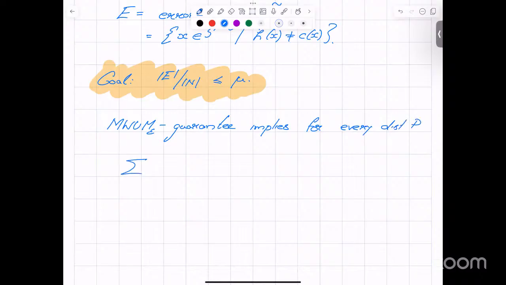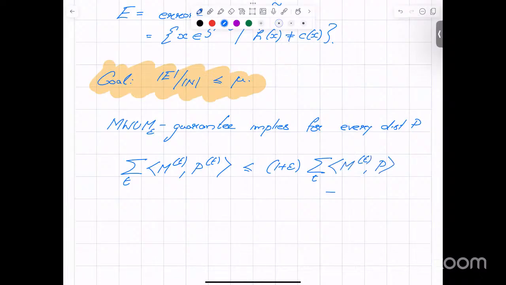We have summation over T of MT PT is less than or equal to summation over T of MT P. Because this is 0, 1, I can actually put 1 plus epsilon times summation over T of MT P. I would use the divergence form, P by P1 by epsilon.